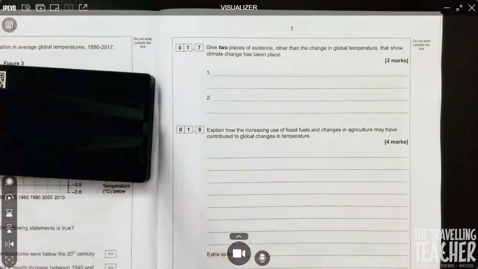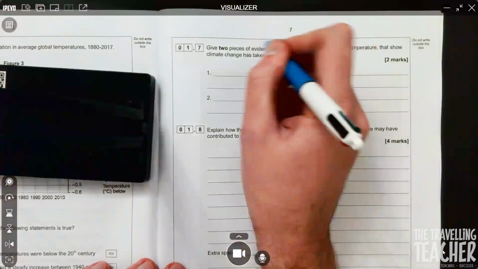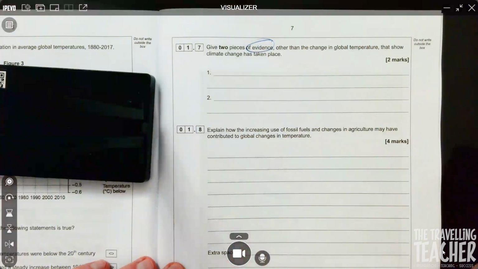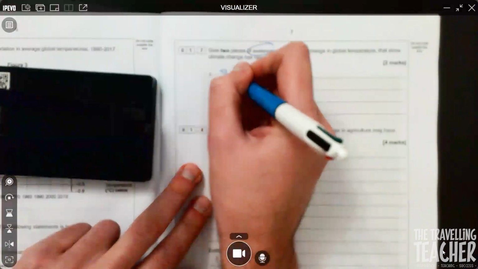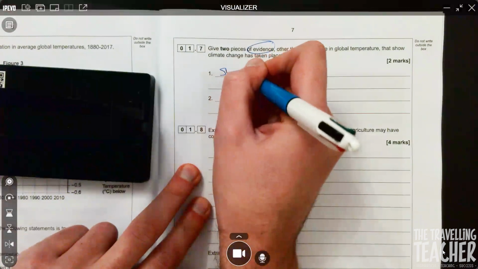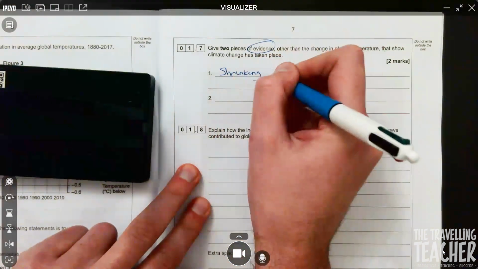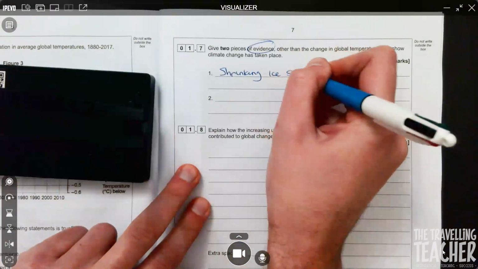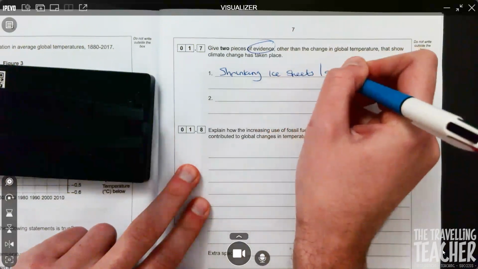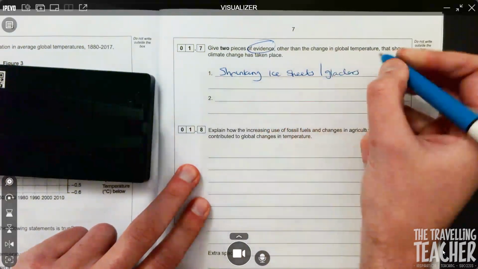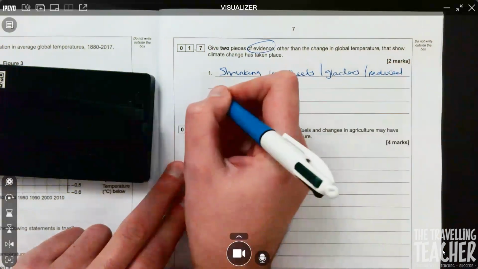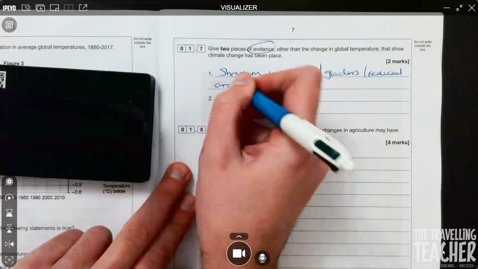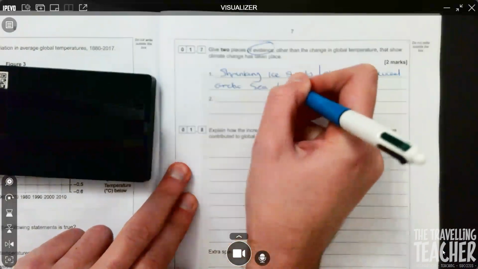Question 1.7. Two pieces of evidence other than the change in global temperature that show climate change has taken place. Okay, so let's start with shrinking ice sheets, glaciers, reduced Arctic sea ice.